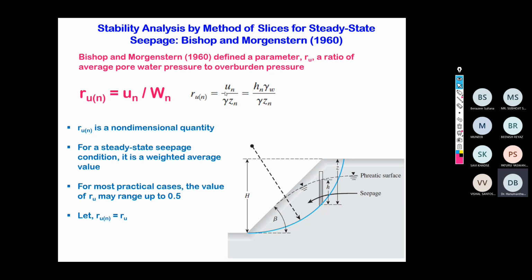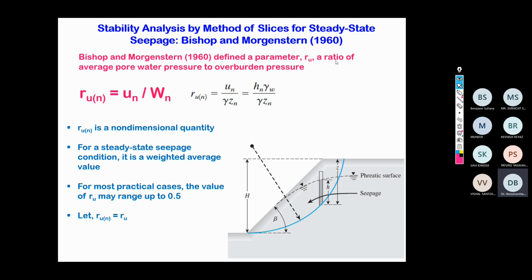Now when you consider any embankment, the embankment is a compacted one. Therefore, the pore water pressure that develops should be a function of the normal stress also, the normal stress which is acting. So they define another parameter, Ru, a non-dimensional quantity. This is the pore pressure coefficient.